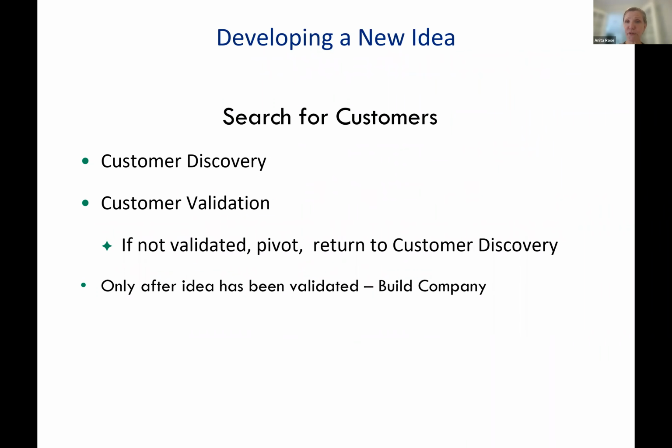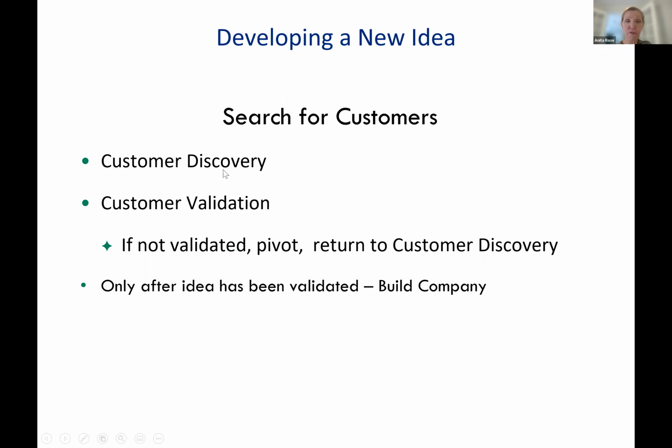So we're going to search for our customer. And so we're looking at customer discovery, and we're going to interview those people. And once we've interviewed those people, we can either pivot to try something different because of the information they provided us, or we're on the right track, we've validated that with our customers. So that's customer validation.